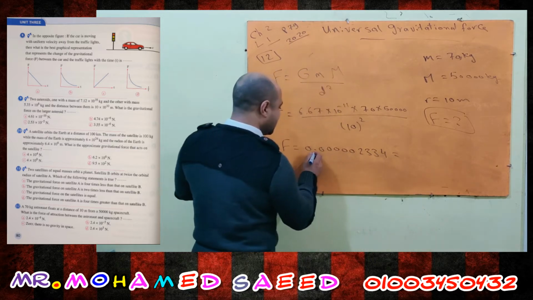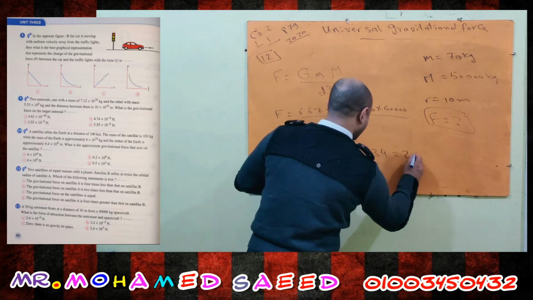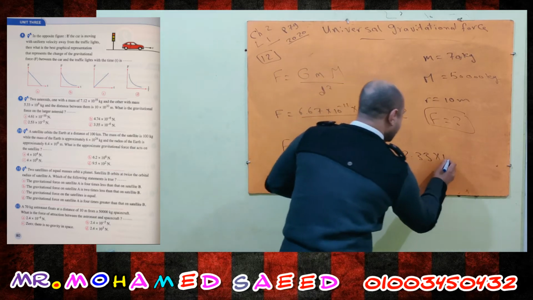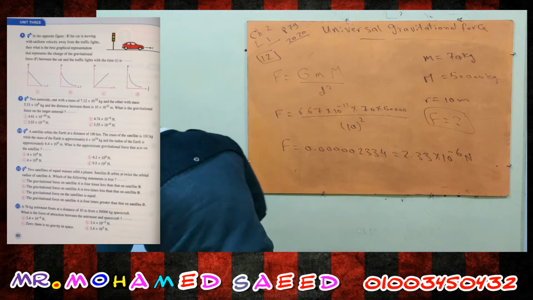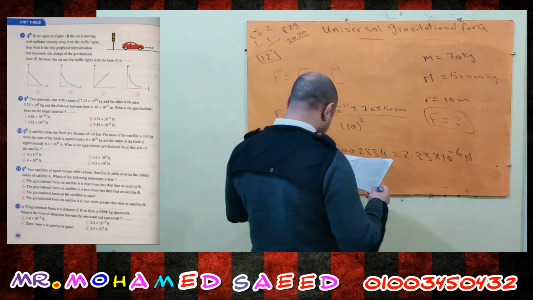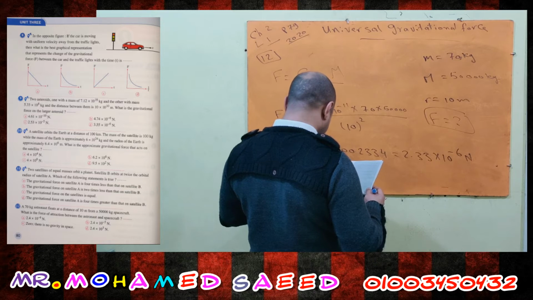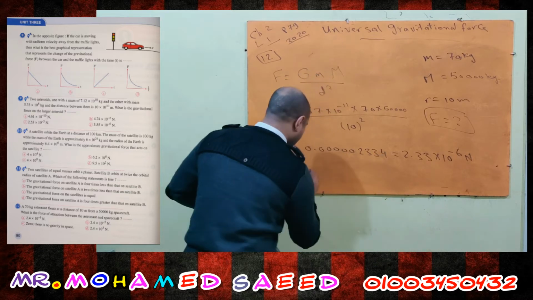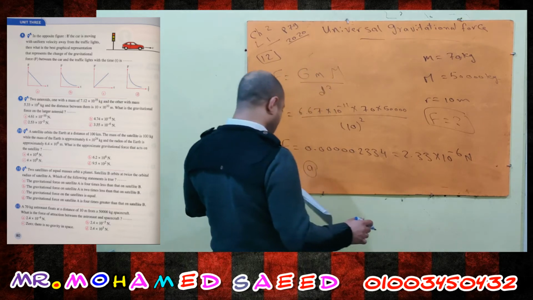So by moving this decimal point 1 2 3 4 5 6, 2.33 times 10 to the power negative 6 Newton. So the true answer is 2.4, approximately 2.4 times 10 to the power negative 6. A. The true answer A.